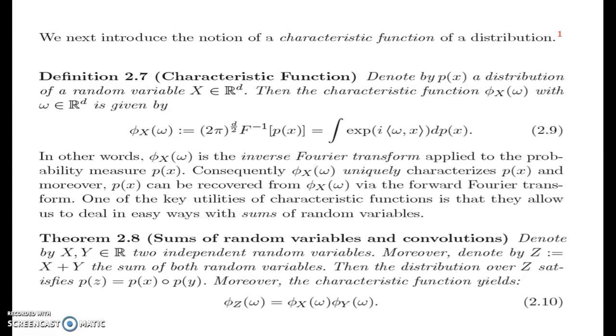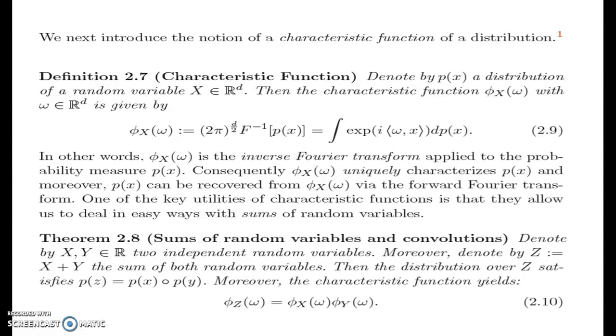We have the characteristic function of a distribution P_x of a random variable x in R^d. Then the characteristic function φ_x(w) with w in R^d is by definition equal to (2π)^{d/2} F^{-1}[P_x], which is the integral of exp(i w x) dP_x(x).